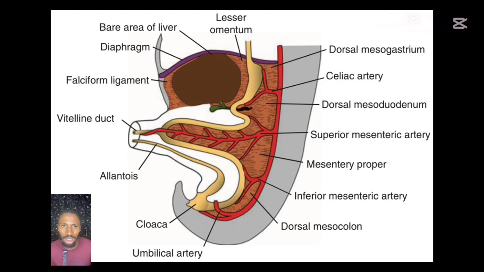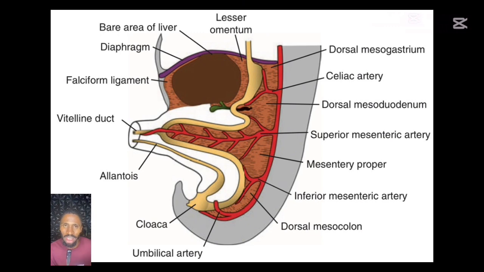Of all these parts, you should know that the stomach is covered by the dorsal mesogastrum. The duodenum is covered by the mesoduodenum. The colon is covered by the mesocolon, and the greater part of the mesentery proper covers the jejunum and some part of the ileal loop.